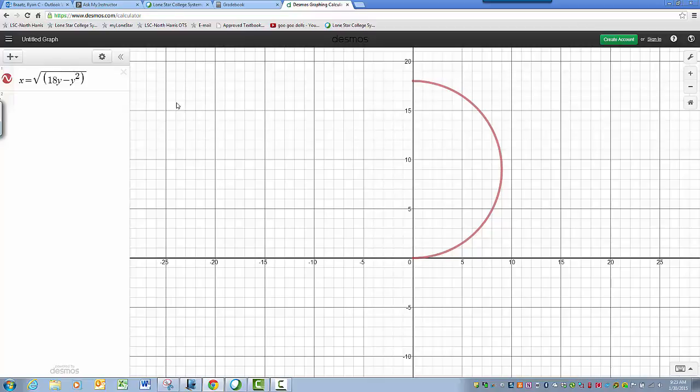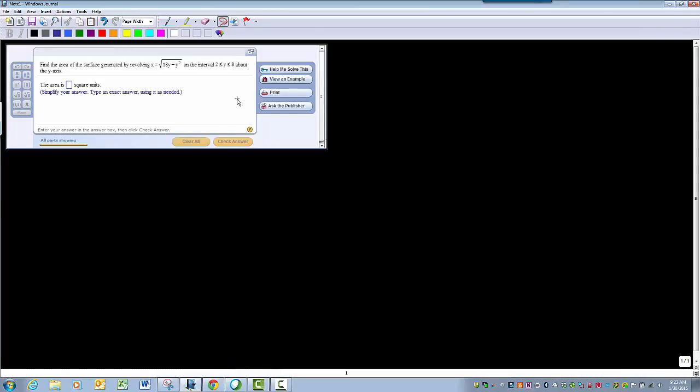So what we need to do is figure out the surface area. Let's go ahead and set up our equations here. I'm just going to draw this guy out here again. Okay, so our graph looks something like that.